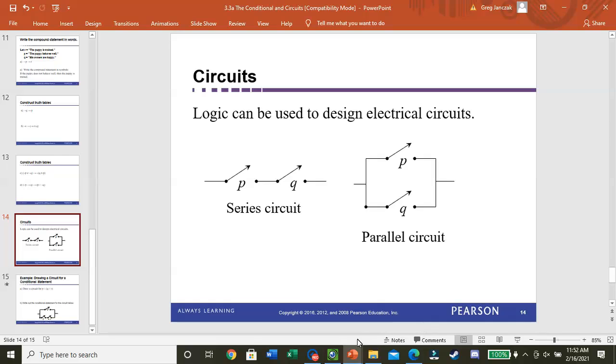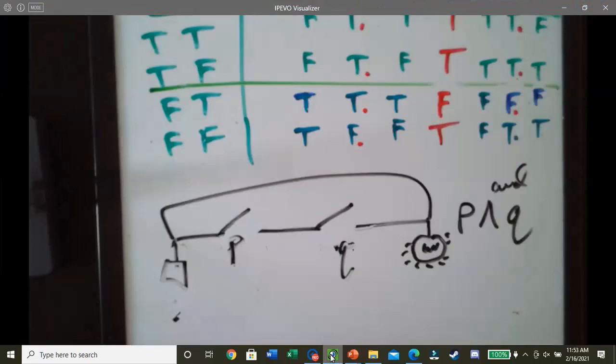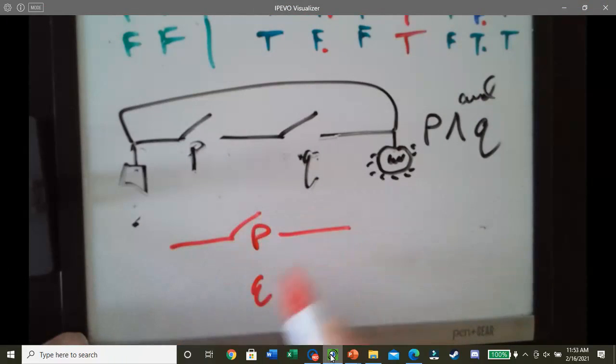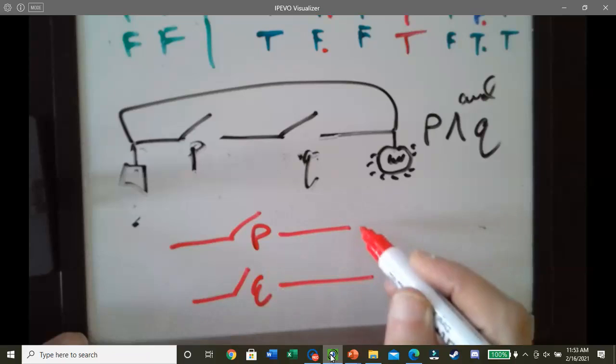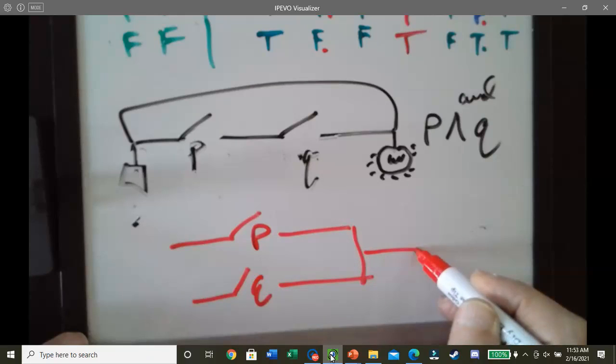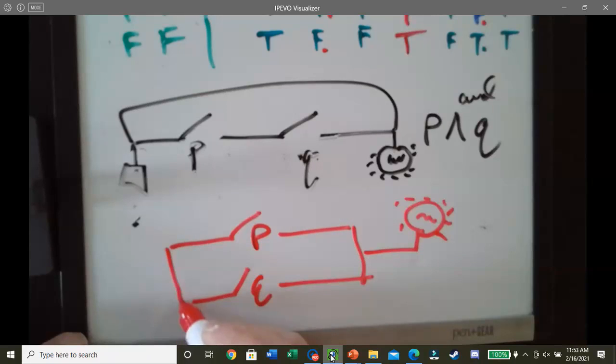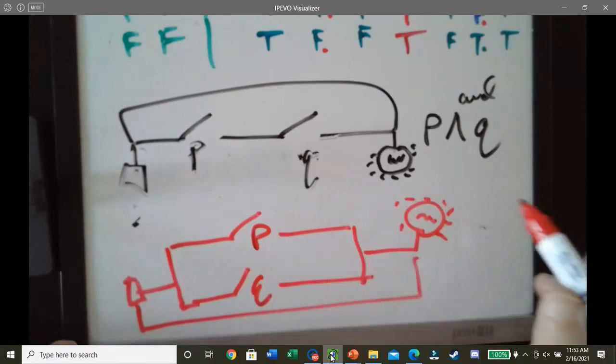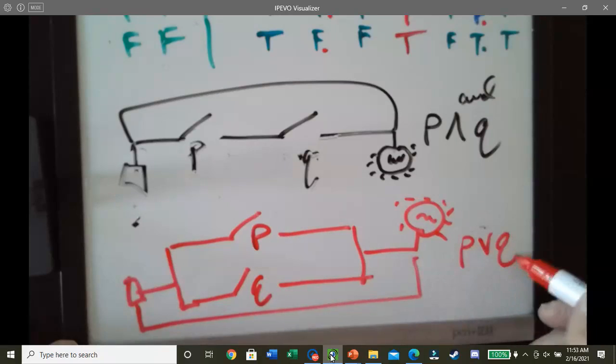So in other words, if we had P, Q like this, and here's your light bulb again, and here's your battery. In order for it to come around, you only need one or the other. So this would be P or Q.